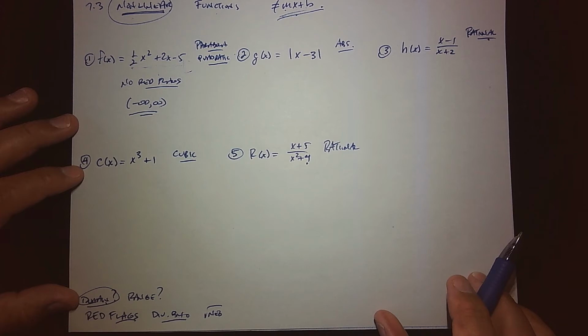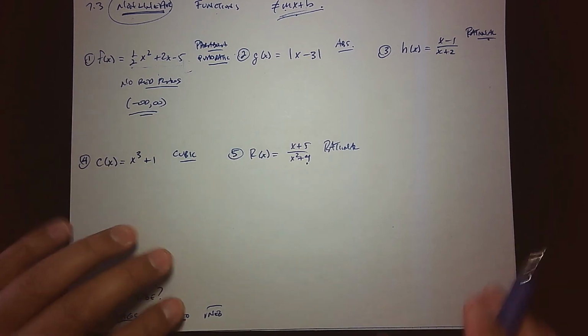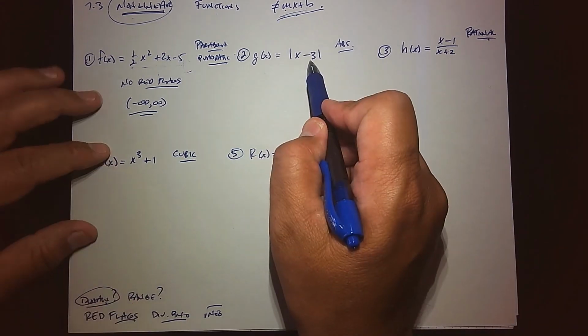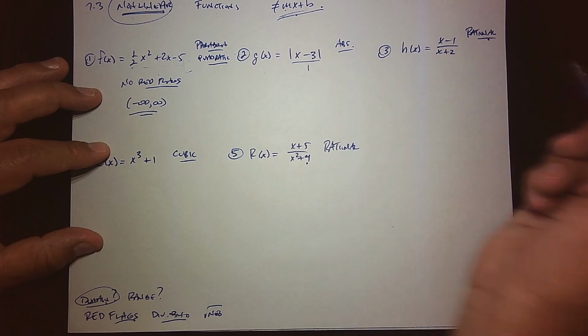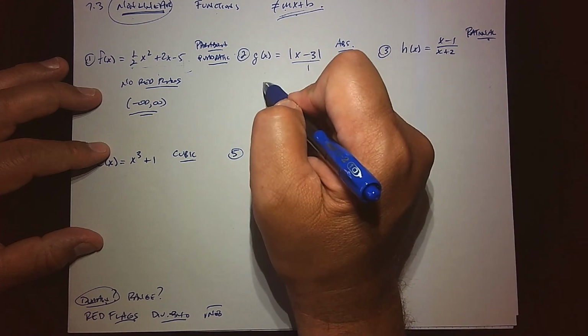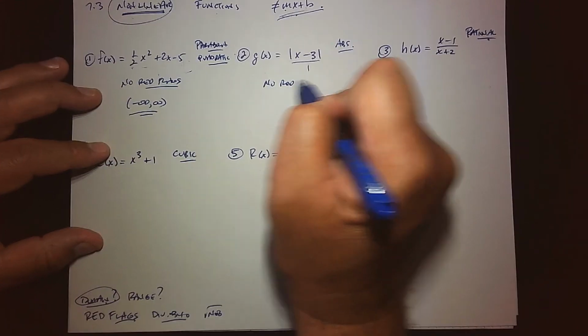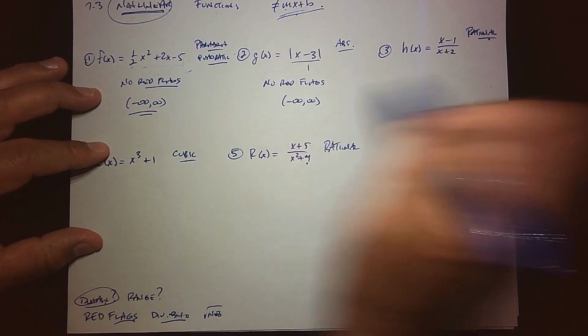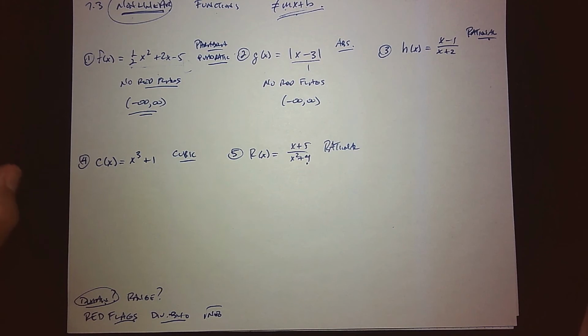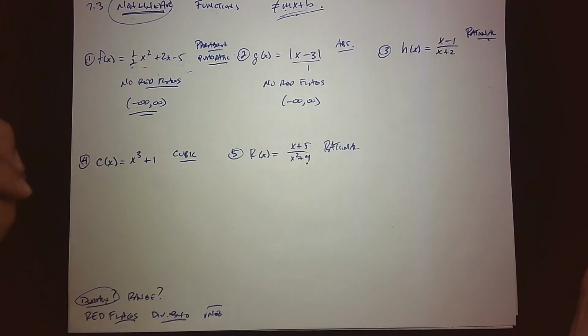It's defined for everybody, negative infinity to infinity. G of x is an absolute value equation. Again, there's no radicals in it, and there's definitely not an opportunity to divide by 0 because this is all over 1. So therefore, there's no red flags again. There's no problems to worry about. So my domain is nice and strong. It's defined for everybody, negative infinity to infinity.